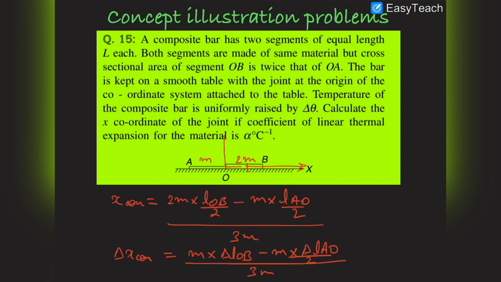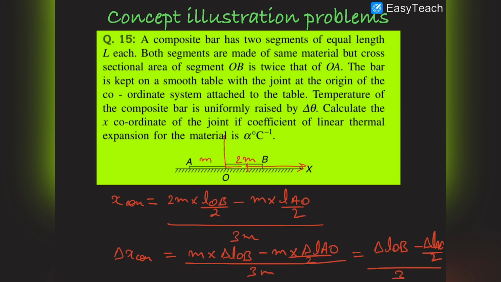Okay, so you can see that this is the change in length. So you can write it down as delta L_OB minus delta L_AO by 2 divided by 3.